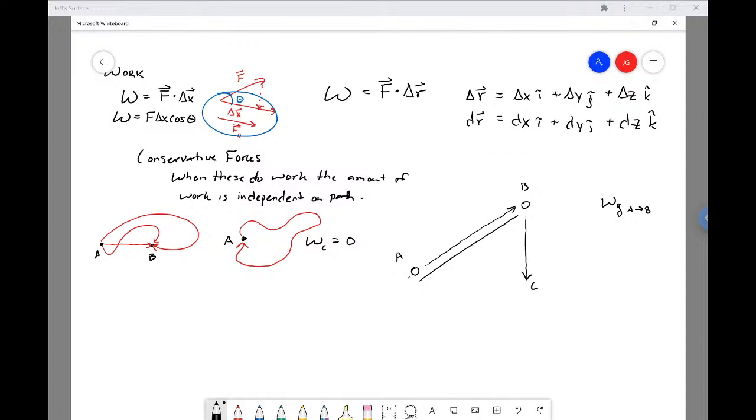And then we can say for every little tiny piece of trip along this path, the amount of work is an infinitesimally small amount, dW, equals F dot dr. Okay, and so this is a more general way of thinking about work in situations where you're following a curvy path or a path that changes direction. But the other application is, well, what if the force isn't constant? The force changes at every point along your path.